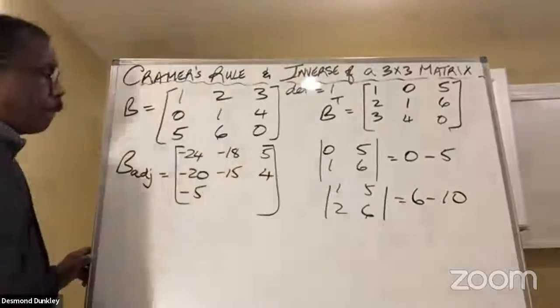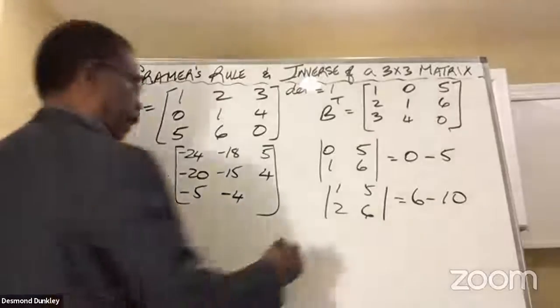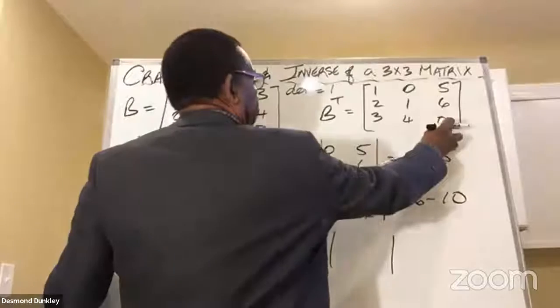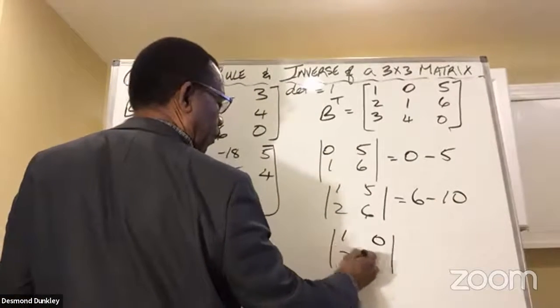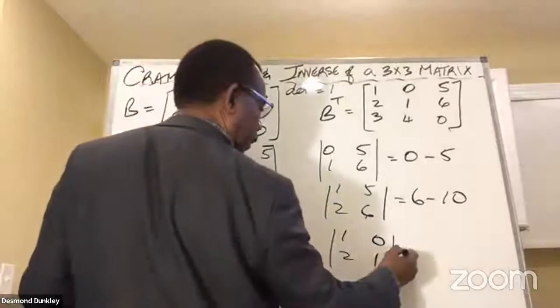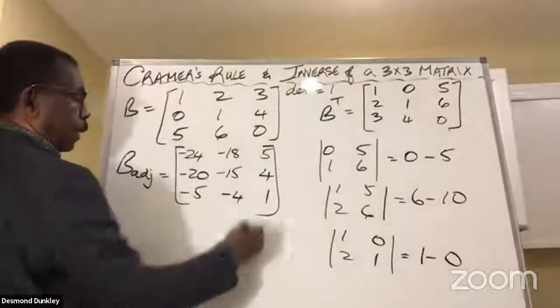That gives me negative 4. And finally, this entry, cross this out, cross that out, end up with 1, 0, 2, 1. So that gives me 1 minus 0. That's a 1.